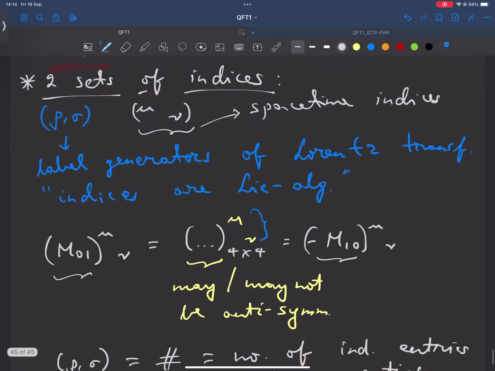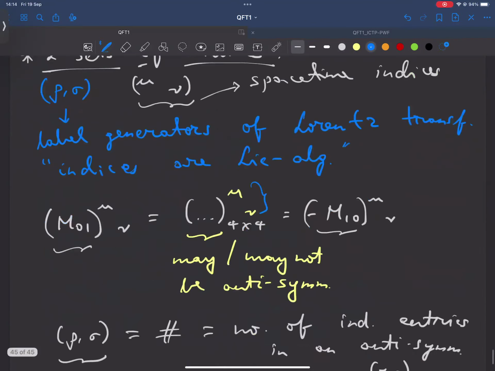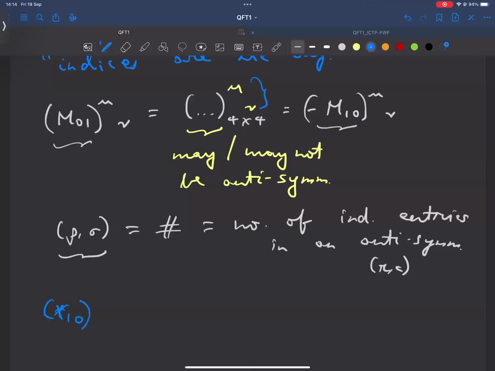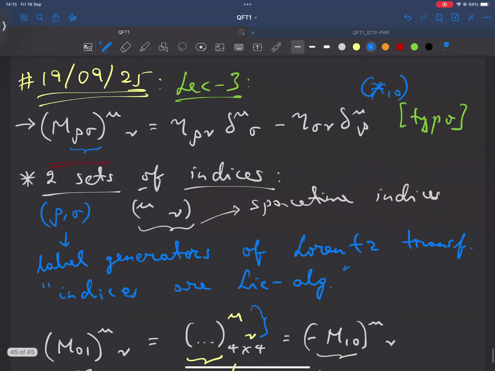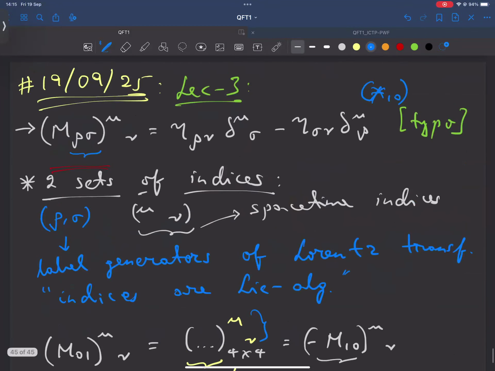So what you can do is again start with this. Let's call this star 10. So you take star 10 and then you multiply that equation by, let's say we want to lower an index, eta mu lambda. If you multiply with eta mu lambda, this comes down, becomes lambda.